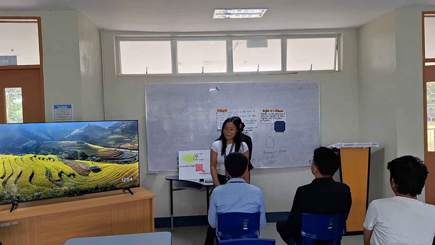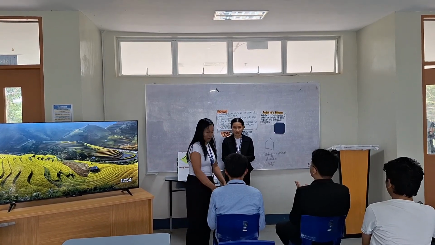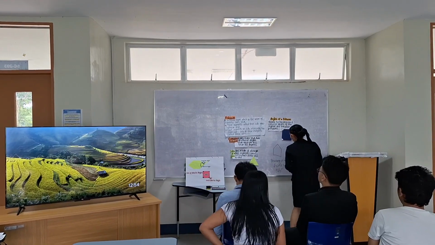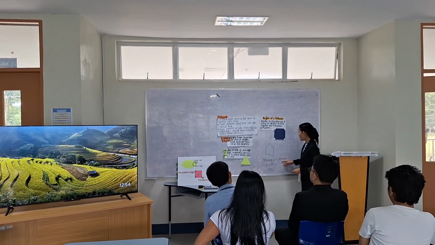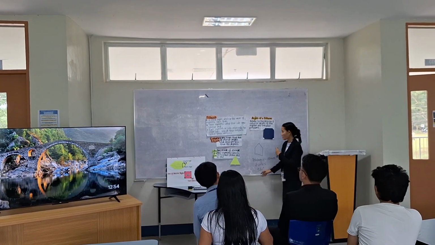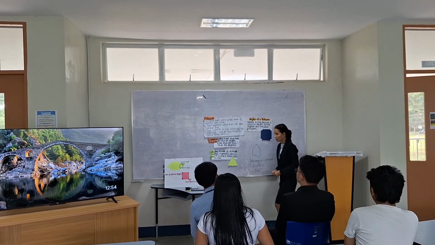So let's give a round of applause for Tia. Thank you so much, Tia. So she was able to give a convex polygon which is a pentagon. It has 5 sides and the sum of its interior angles is 540 degrees.